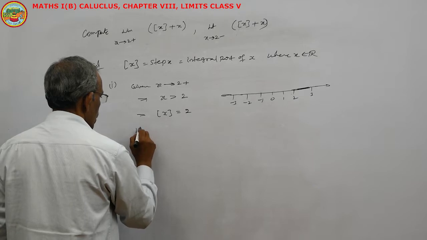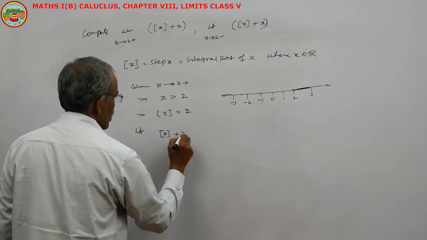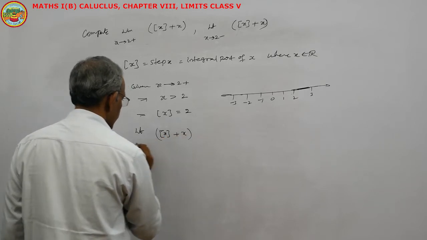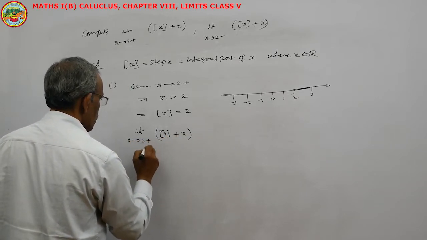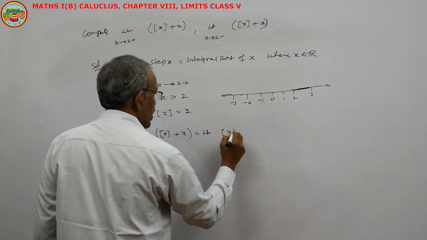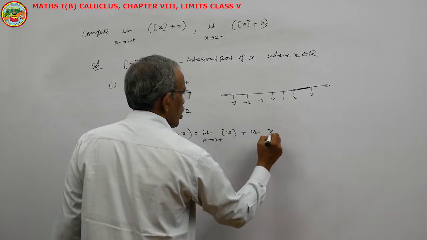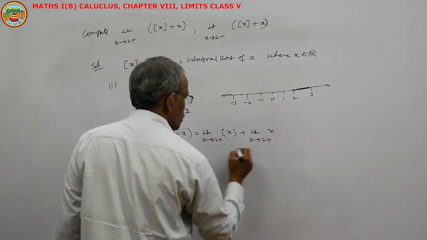Therefore, limit of step x plus x as x tends to 2 plus is equal to limit of step x as x tends to 2 plus, plus limit of x as x tends to 2 plus.